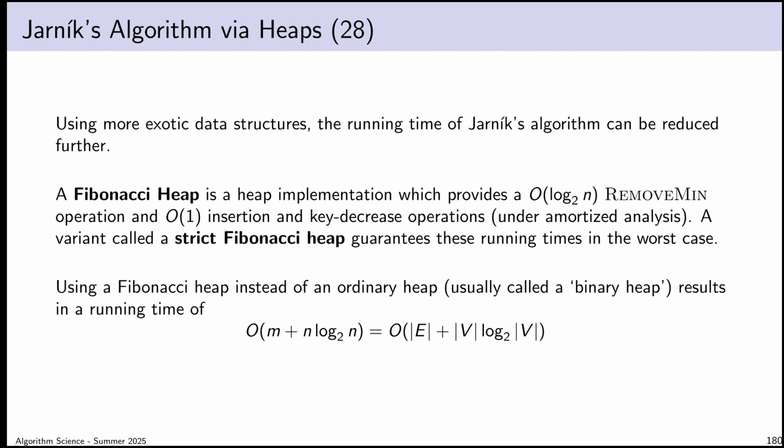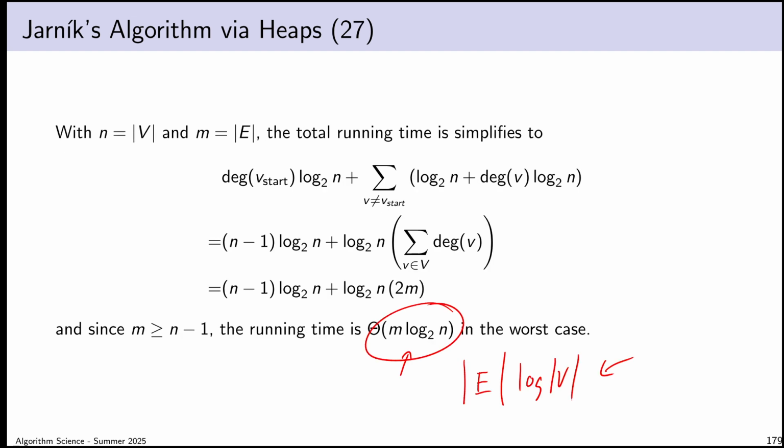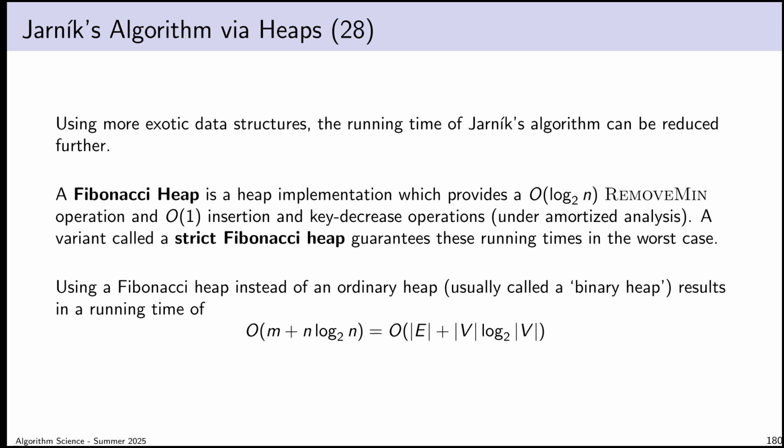Now, it turns out we can actually do a little bit better than that. So we've got number of edges times log of the number of vertices using an ordinary heap. There is an exotic version of a heap called a Fibonacci heap, which I alluded to back when we discussed heaps the first time, and which we are not going to discuss. There is a version called a strict Fibonacci heap, which guarantees in all cases a worst case log n remove min operation and, strangely, constant time insertion and constant time key decrease operations.